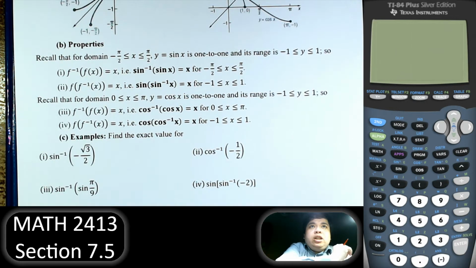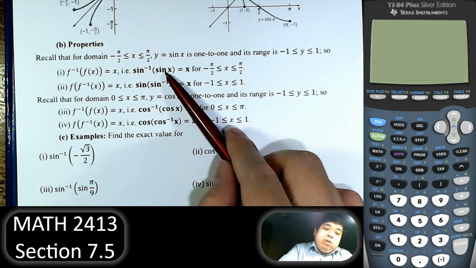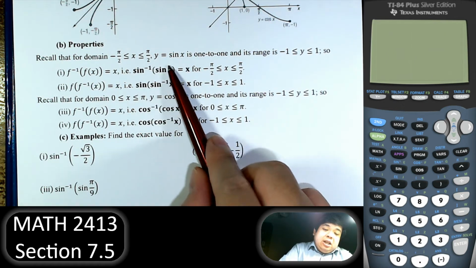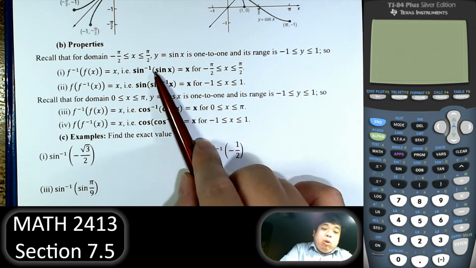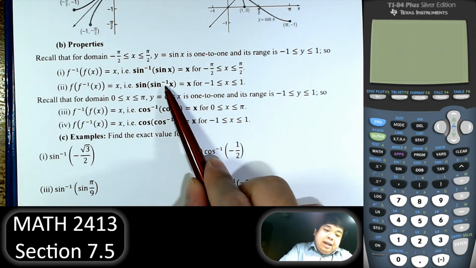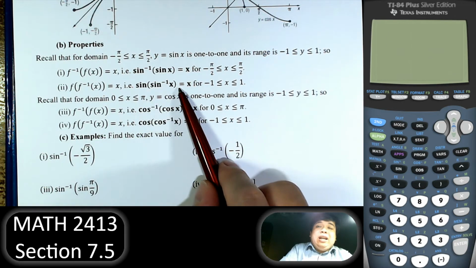Right. Just need to watch out for something. Sine and cosine are defined everywhere, so this is always defined. However, it might not be equal. Next, this one might not be defined, but when it is defined, it will equal x.